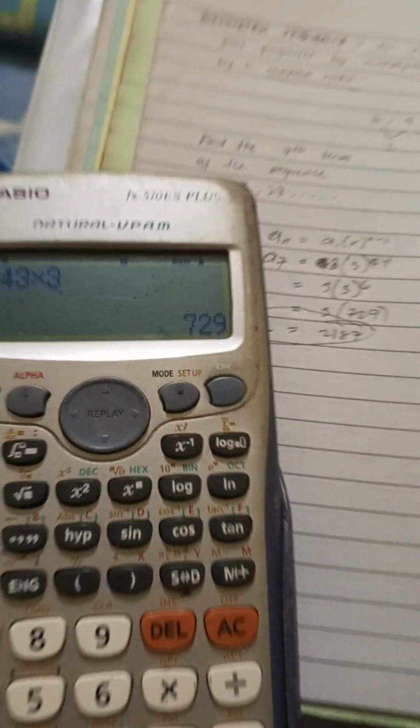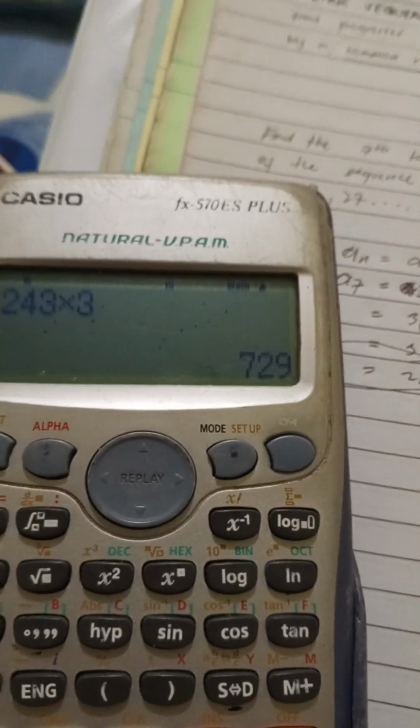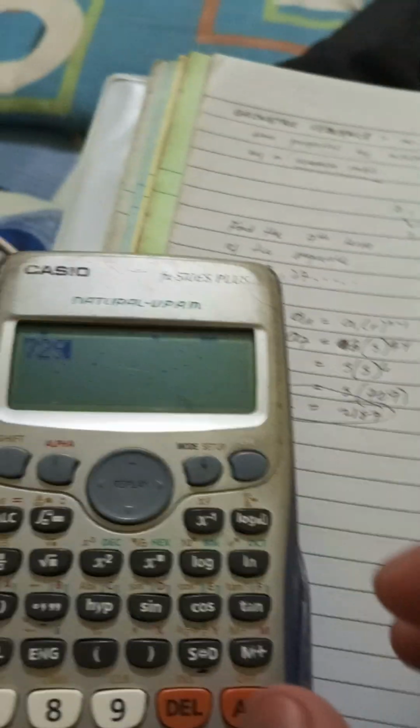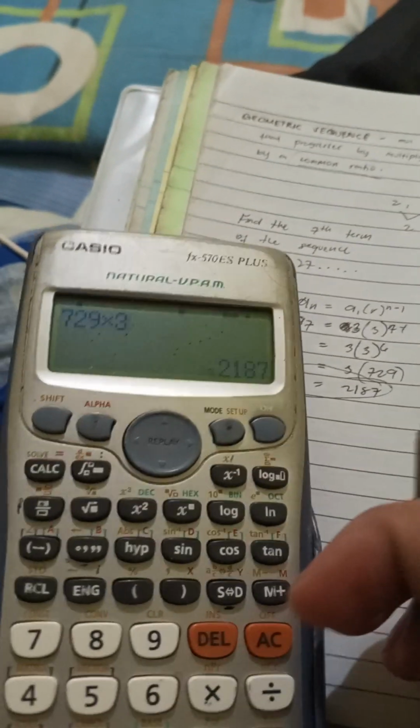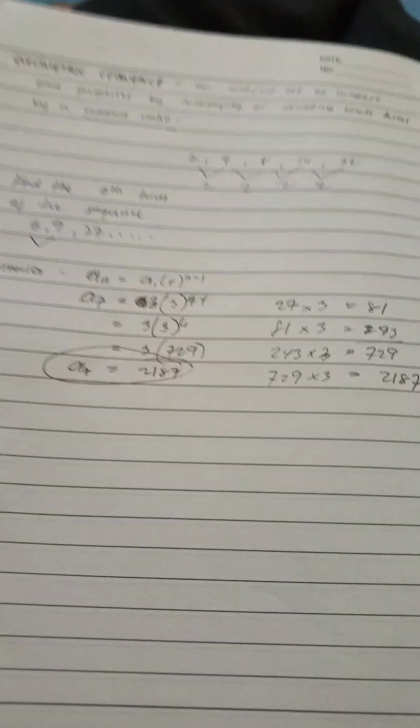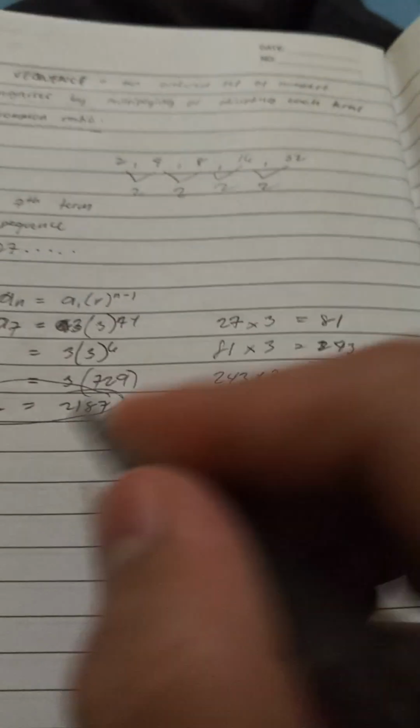And our seventh term, 729 times 3, is 2187. So our answer is correct.